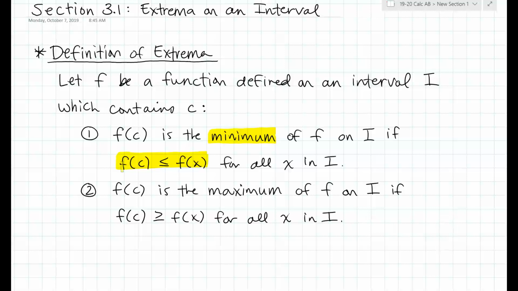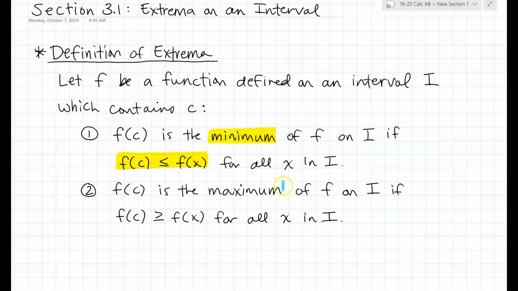If a point is the lowest point, then it must be the minimum. That's basically all they're saying. In other words, there is no x value that is smaller than f of C. Remember, f of C is just a y value. There is nothing lower than that.